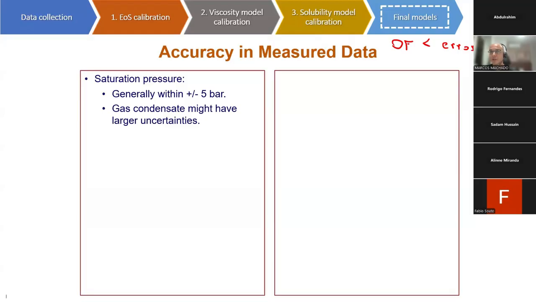If you have a saturation pressure of 100 bars, it means the same thing to have a saturation pressure of 105 bars, because the accuracy of your equipment, the accuracy of your procedure gives you this limitation. This is the minimal uncertainty that you have related to this property. So you can use this criteria to guide us to define what is the minimal error that you need to pursue during this optimization process.